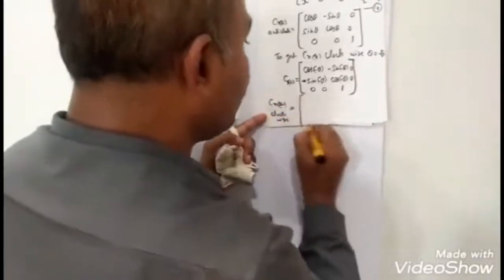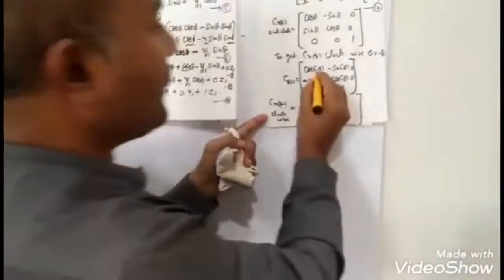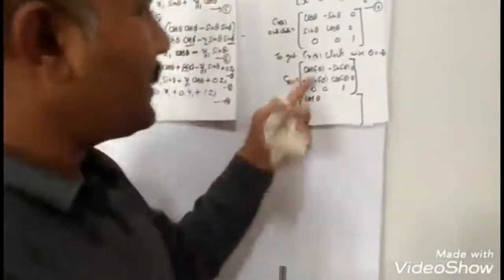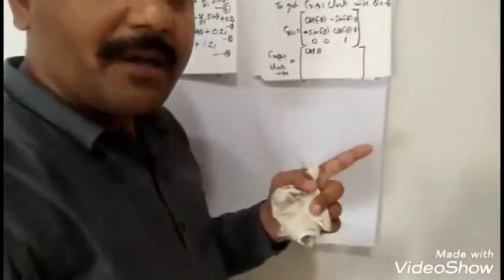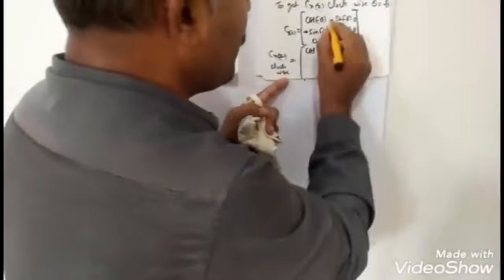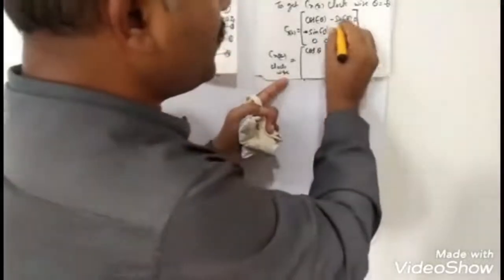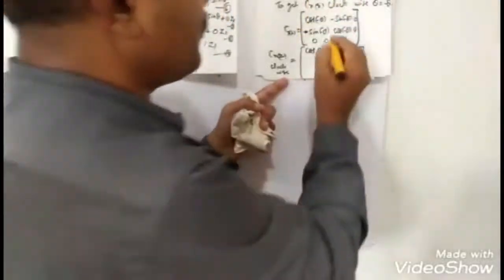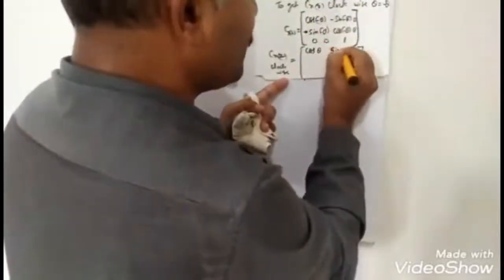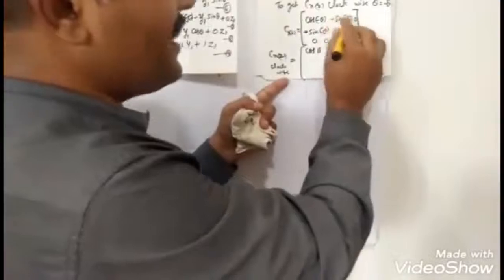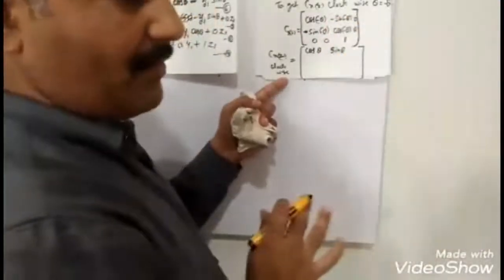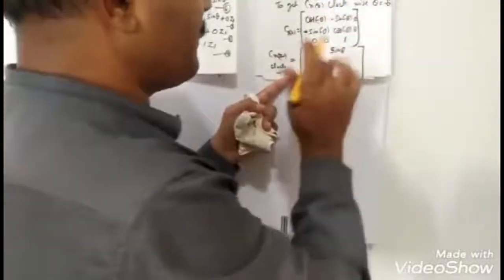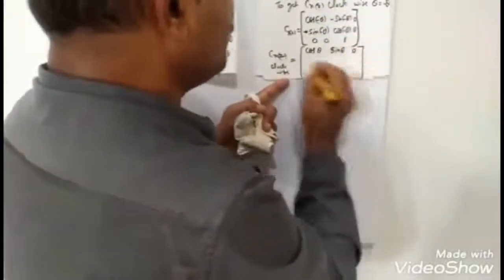What is cos minus theta? According to the mathematical relation, cos minus theta is equal to cos theta only. Minus sin minus theta: sin minus theta is equal to minus sin theta, and minus into minus is plus, so the value is plus sin theta, 0.